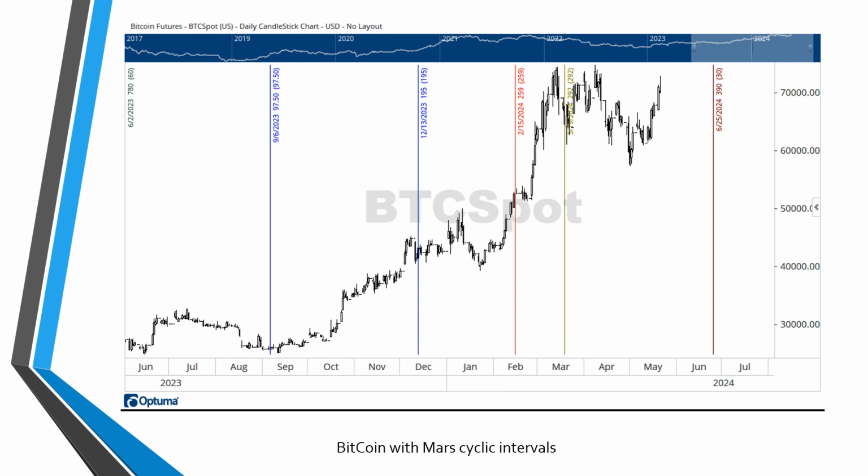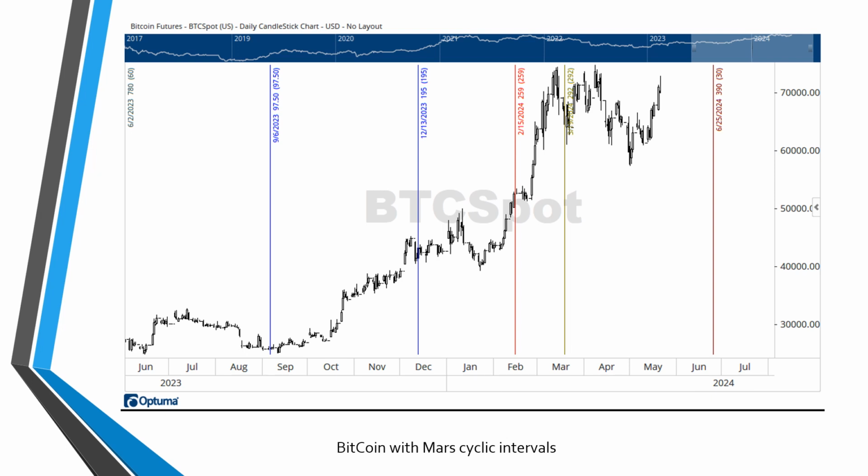So to give you an illustration, here is Bitcoin, and I've started to apply the Mars cyclical intervals to Bitcoin, and I started back in June of 2023 at a significant low.